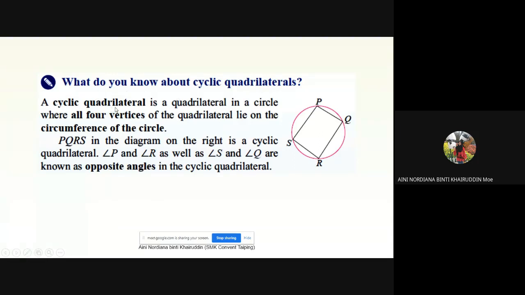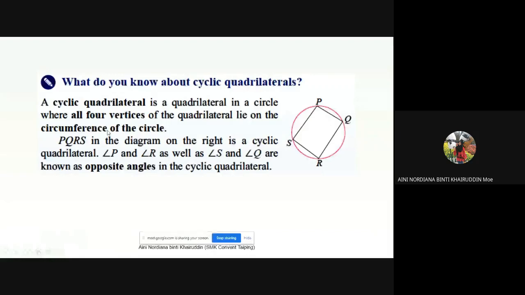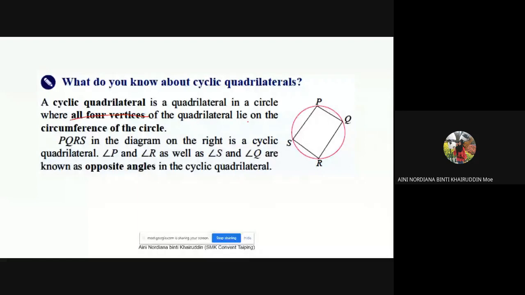A cyclic quadrilateral is a quadrilateral in a circle where all four vertices, setiap bucu, of the quadrilateral lie on the circumference of the circle. All the vertices must lie on the circumference.